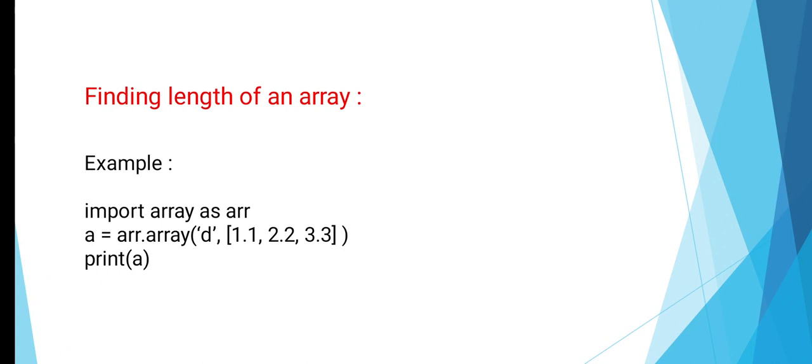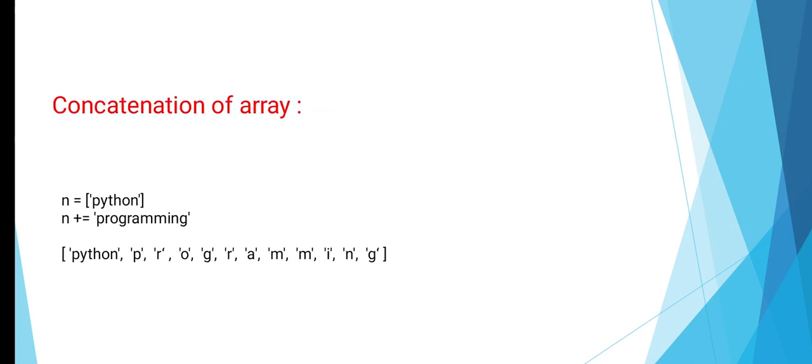Next we are moving to concatenation of array. Here we have n equal to Python and we have to add programming to Python. So, Python programming. And the next one, addition of an array.